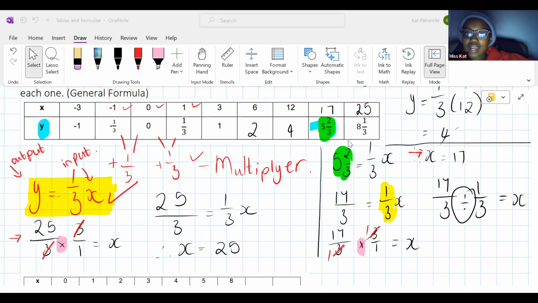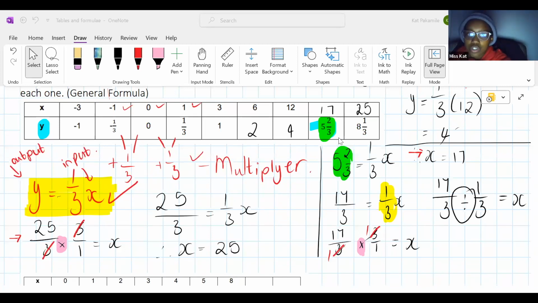Do you understand where I substituted it? Do you understand why I have to put it where the Y is? You have an input and an output, right? Is the 5 and 2 over 3 your input or your output? Look on the table. Is it on your X or on your Y?